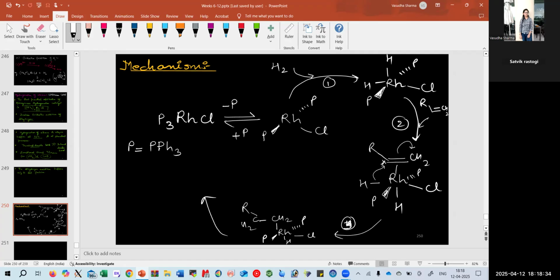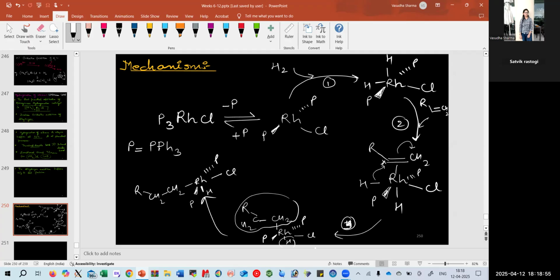Now, ultimately, this moiety and your hydride have to be in cis position. Right now, they are in trans position. So R, CH2, CH2, Rh, H. Here there is one P, another P, and one H here.